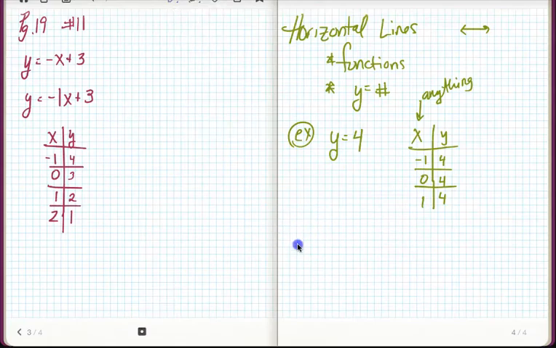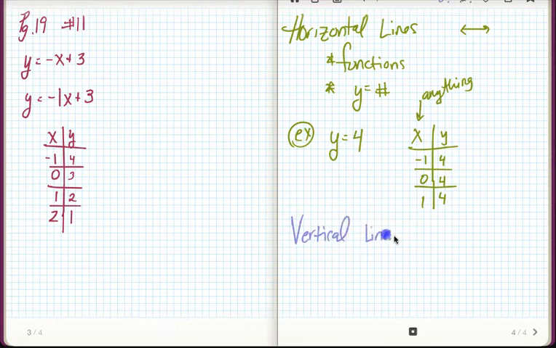Let's take a look at vertical lines. So let's just go back to our notes for a moment. Remember, vertical lines go up and down. Vertical lines, think about it, are they functions? Well, if I were to graph a line, a vertical line, on top of this vertical line, it turns out that it would intersect in every point. So vertical lines are not functions.